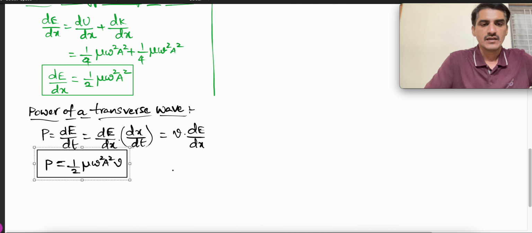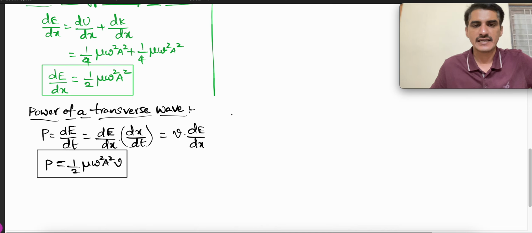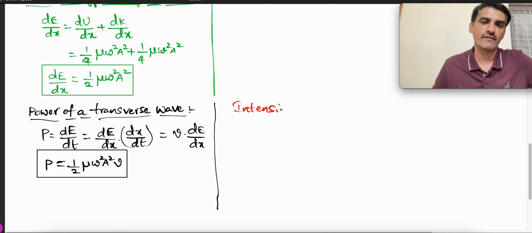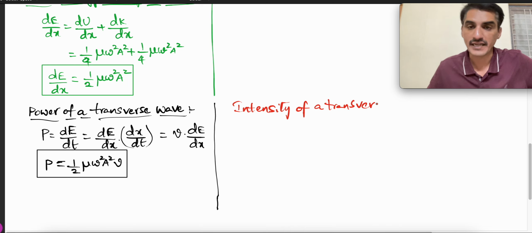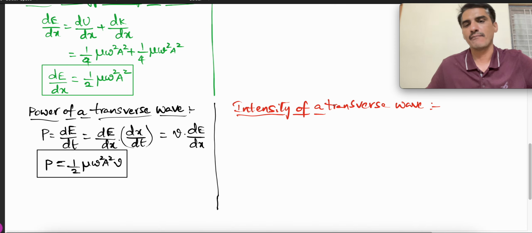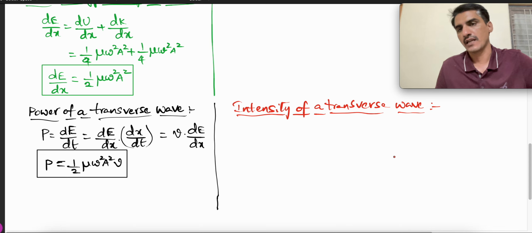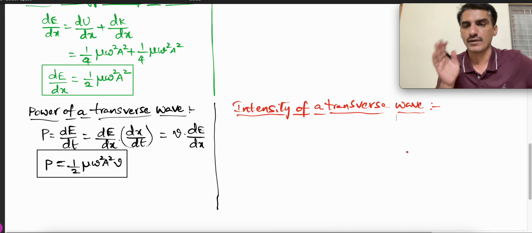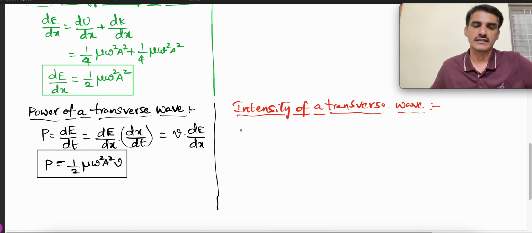Okay. Now let's find the intensity of a wave, the intensity of a transverse wave in a string. Now let us see what intensity is. Power per unit area, or energy per unit time per unit area, is called intensity, right?